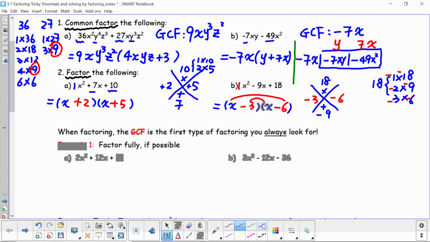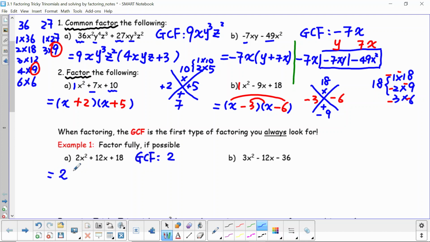And today we are going to learn, for the first one, the number in front of the x squared is not 1, but it is a common factor. So all of them are even numbers, so 12 can be divided by 2, 18 can be divided by 2, so 2 is a common factor.